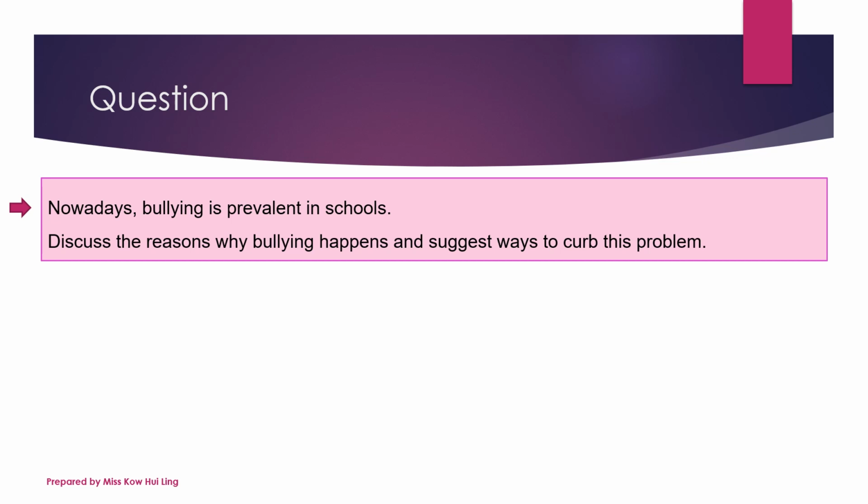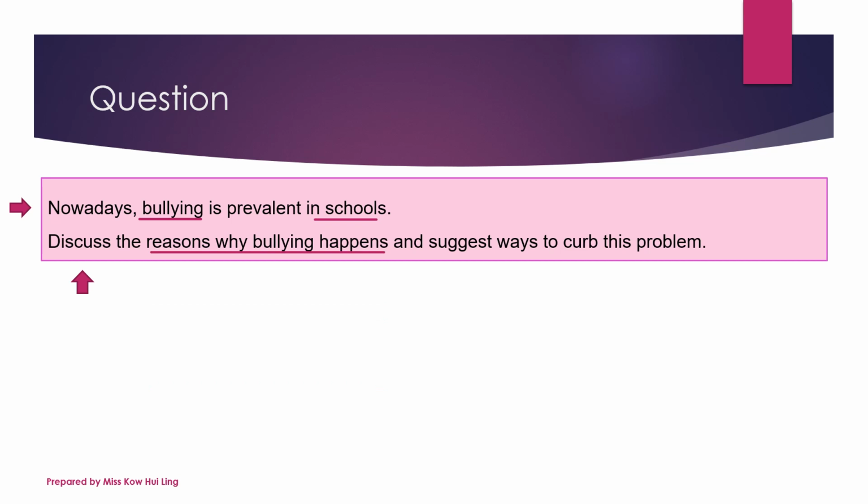Just find the keywords. For example, bullying and in schools. From here, we know that the topic is talking about the activity of bullying which happens in schools. So when you get this clear, we can move on to the second part of the question.